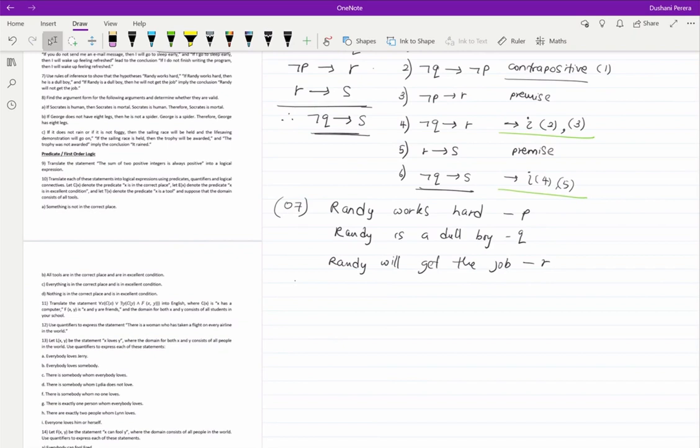First we have Randy works hard, which is P. If he works hard, then he's a dull boy. And then finally, if he's a dull boy, if it's Q, then he will not get the job, which is negation R. And the conclusion, as the question mentions, is he will not get the job, negation R.